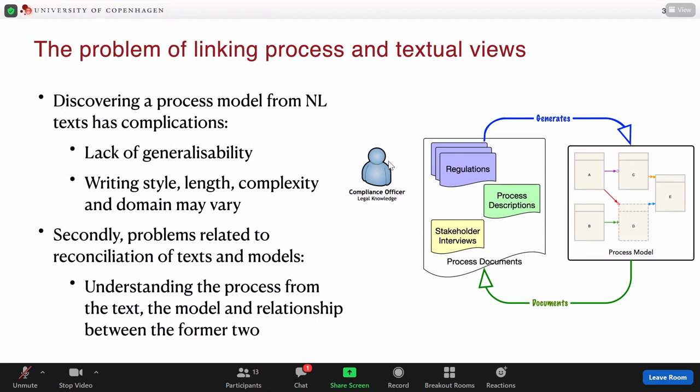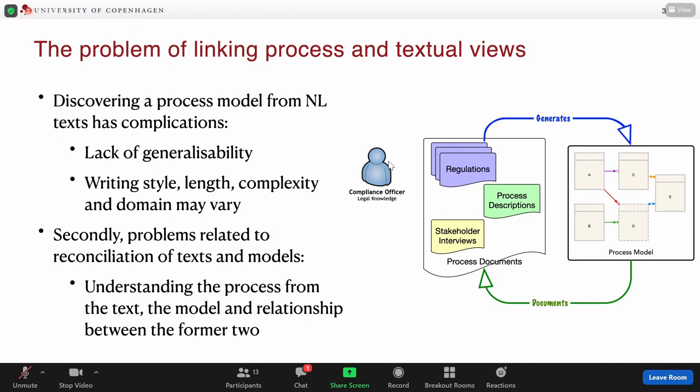That also is a challenge when you change authors, so writing style, length, or complexity become aspects that we need to tackle. Then the second part is on the reconciliation. So having the model and having the text, how do we link these two things together?